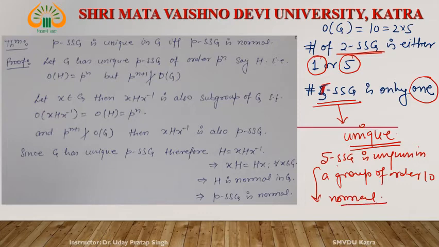See, this is one of the important results. The theorem says that if the p-Sylow subgroup in a group G is unique, then this p-Sylow subgroup is normal. Okay, and conversely, if the p-Sylow subgroup is normal, then it is unique. Okay, let us see the proof.